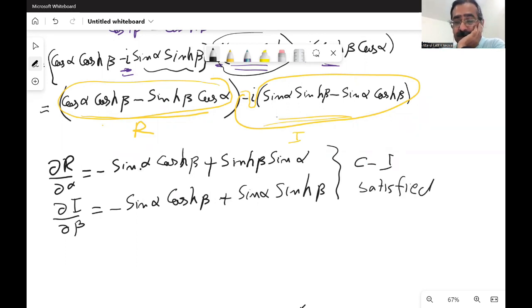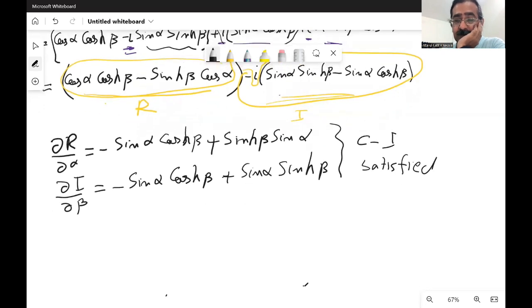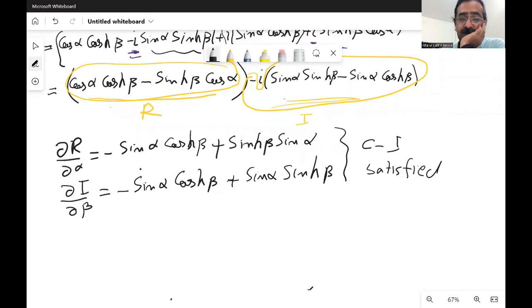Now let's see whether the second condition is satisfied or not. Now we take the derivative of r with respect to beta.